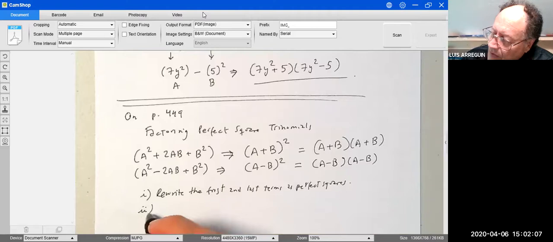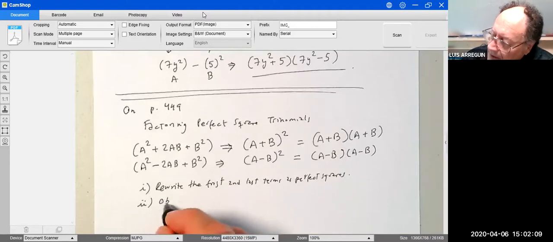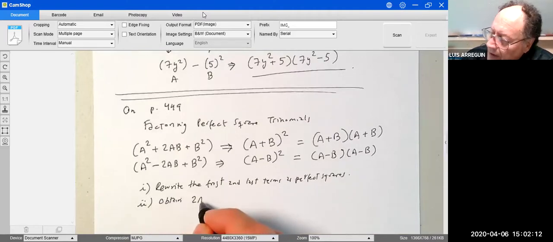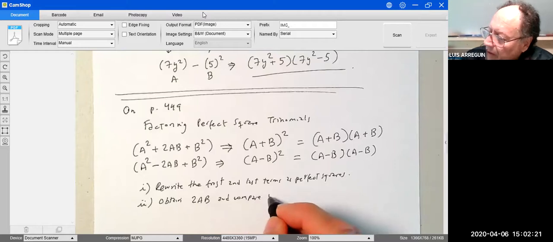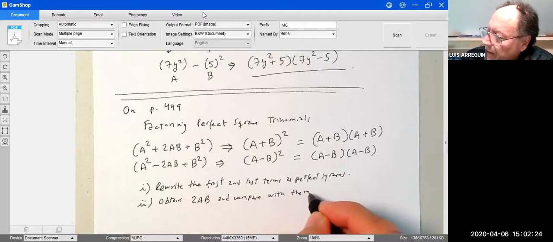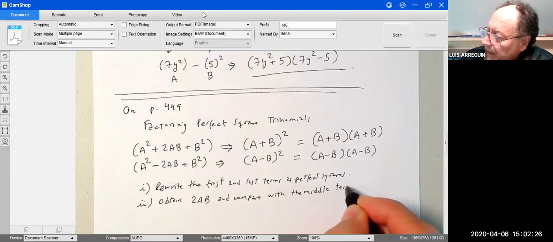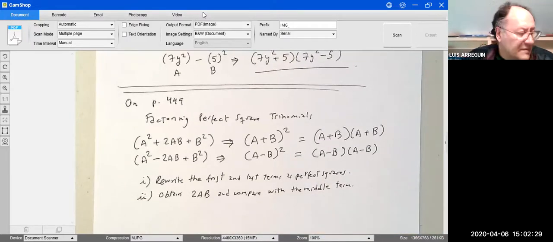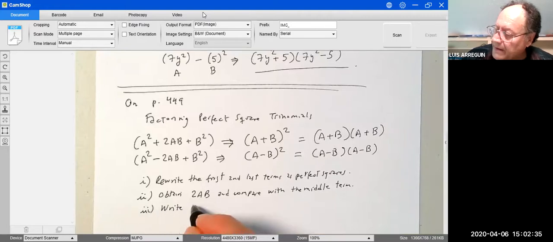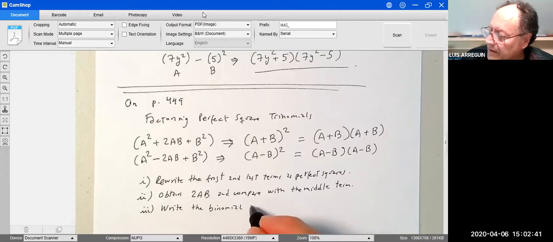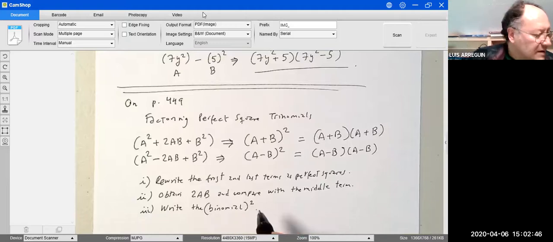Then we're going to obtain 2ab and compare with the middle term. If they are the same, then you just write the binomial and square the binomial. Those are the steps.